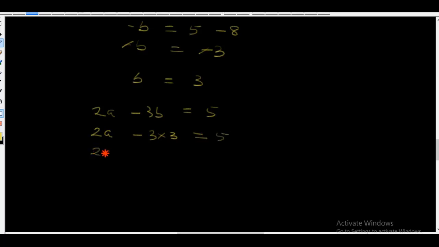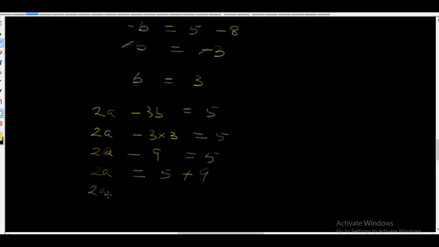So 2a minus, this is a, 3 times 3 is 9, is equal to 5. So 2a is going to be equal to 5 plus 9. Take this minus 9 from the left hand side to the right hand side, so it becomes 5 plus 9.